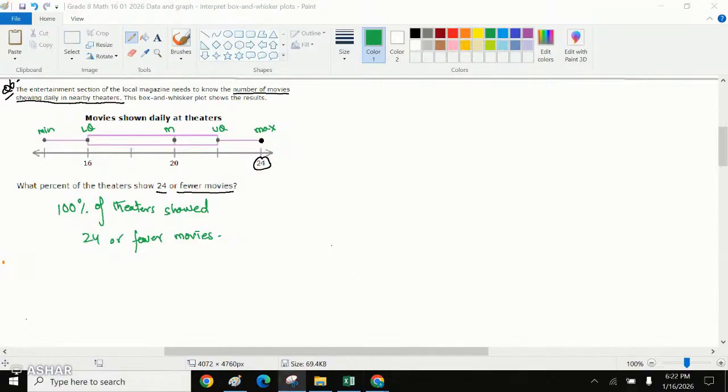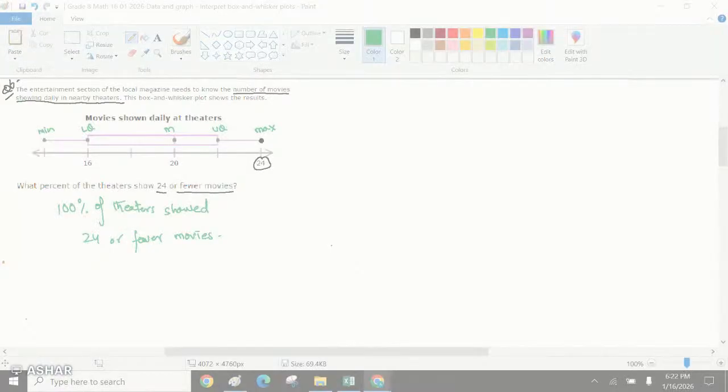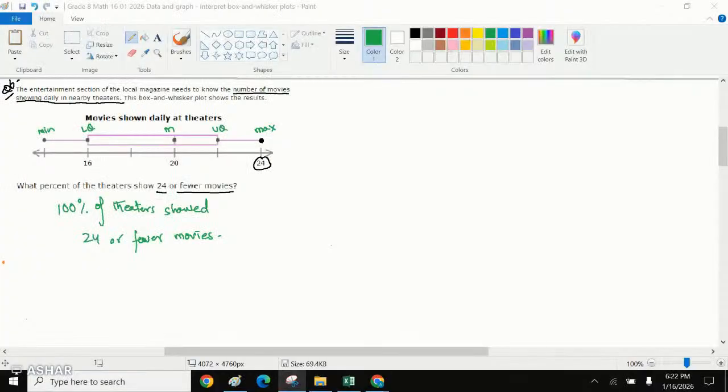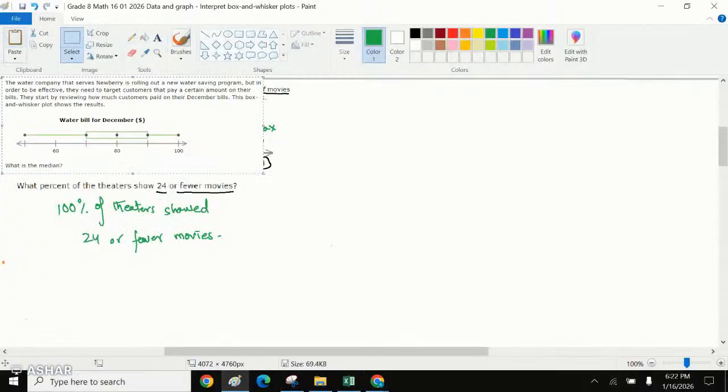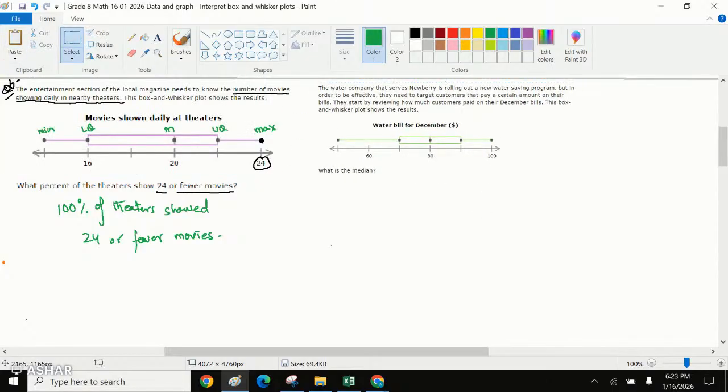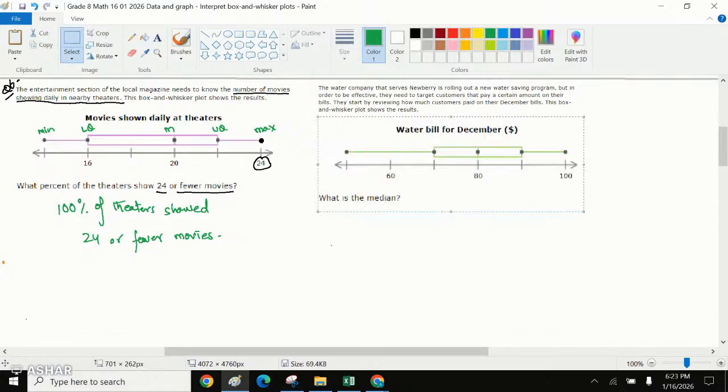Okay, so the next one is very simple. The next question says a water company sends the bills for December. They need to verify the bills. I can directly read this also. Water bill for December in dollars, right? So they're talking about the bills, and they're asking what is the median.